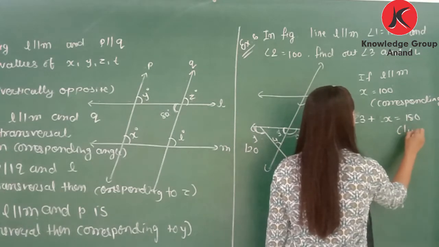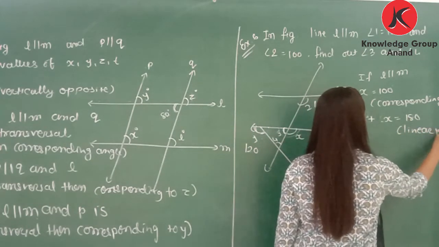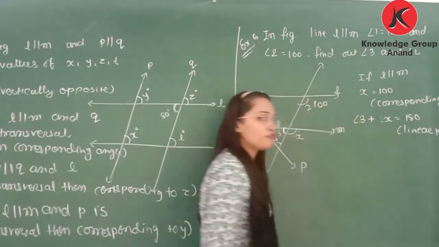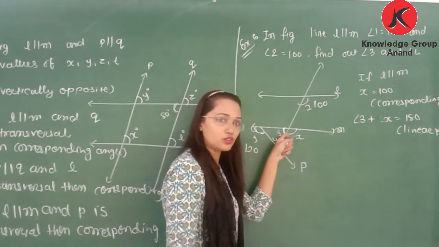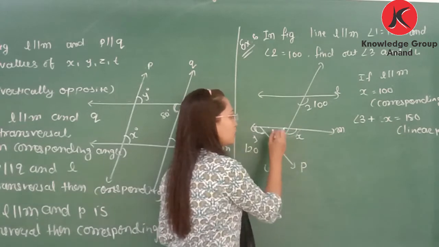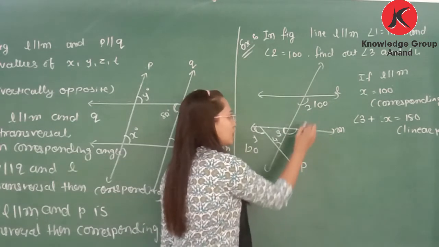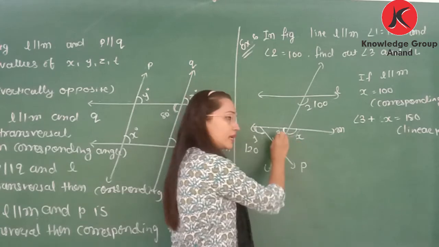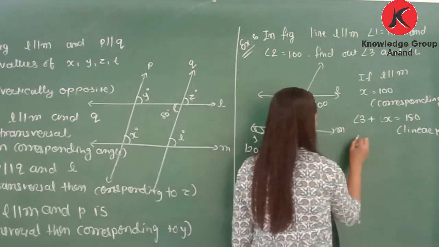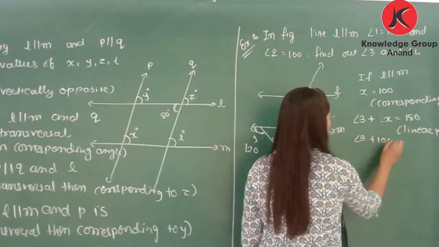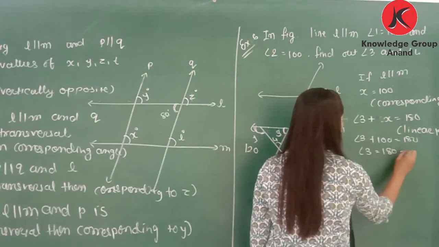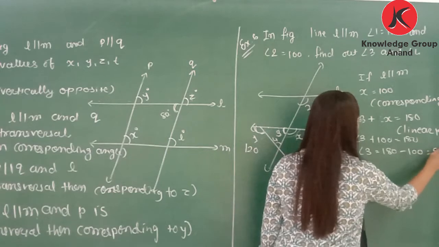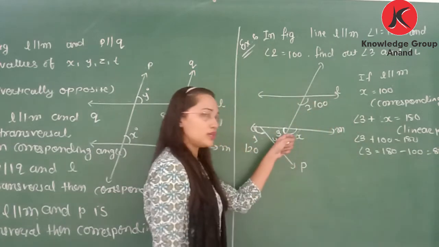First, we apply the corresponding angles because we need to find angle 3, and then the linear pair. So angle 3 plus 100 is equal to 180. So angle 3 is 180 minus 100, that is 80.